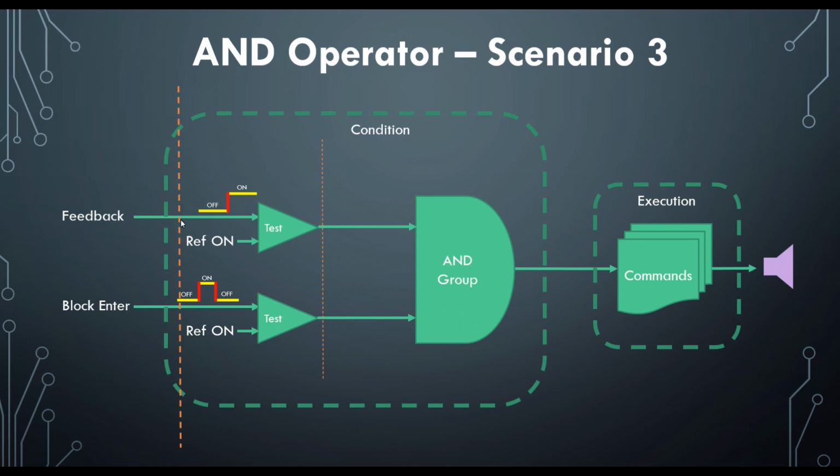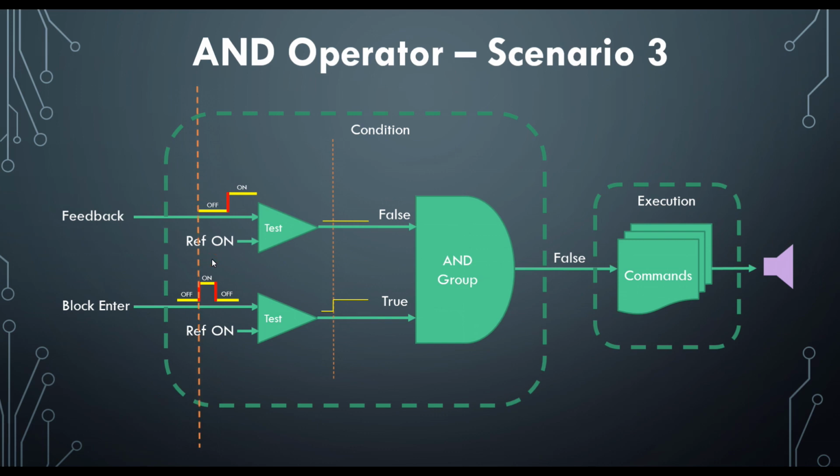At the initial start, they are both in the off states, so these will be false here. Move the timeline forward. Block enter occurs here, so the output becomes true. Here it will be false. Move the timeline forward. This is false here, of course, sorry.